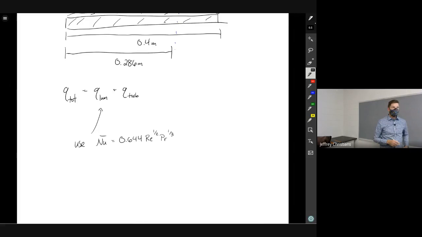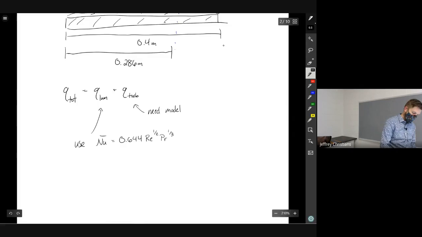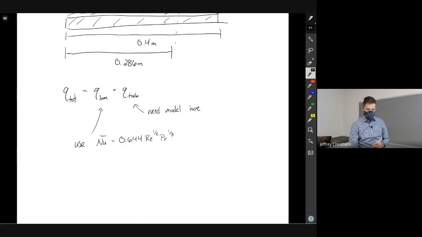So we're going to be able to find the average convection coefficient in the laminar region. And then we need a new model for the turbulent flow.